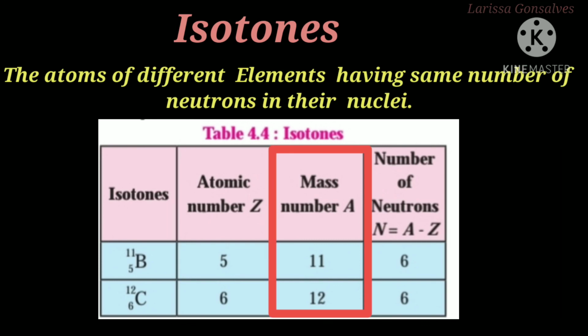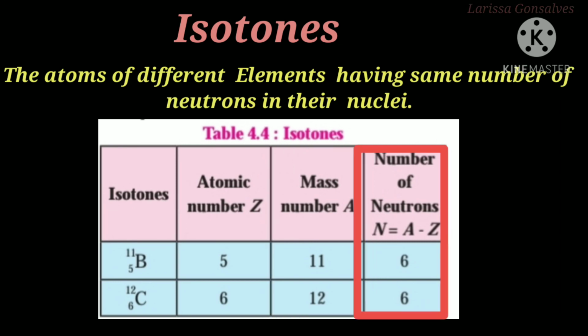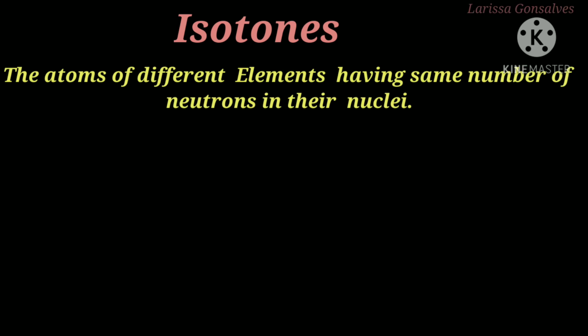The mass number, which is denoted by A, for boron is 11 and for carbon is 12. In order to calculate the number of neutrons, we are going to use the same formula, N is equal to A minus Z. After calculation, we get the number of neutrons as 6 in both cases, that is in case of boron as well as carbon. So isotones are those atoms of different elements which have the same number of neutrons.